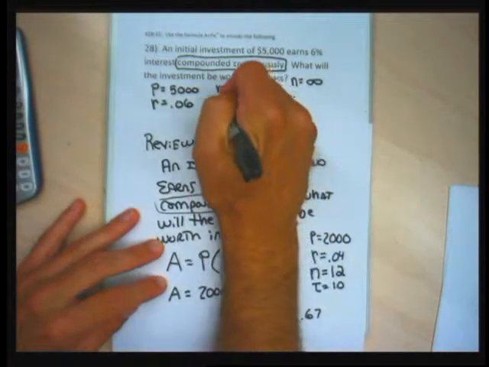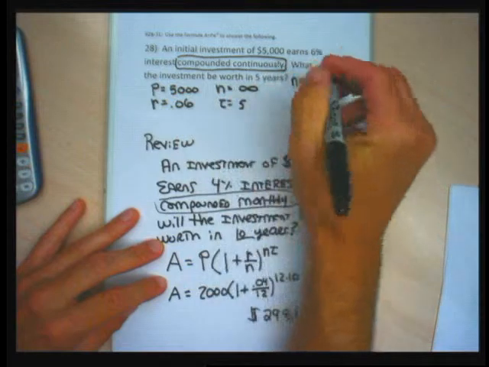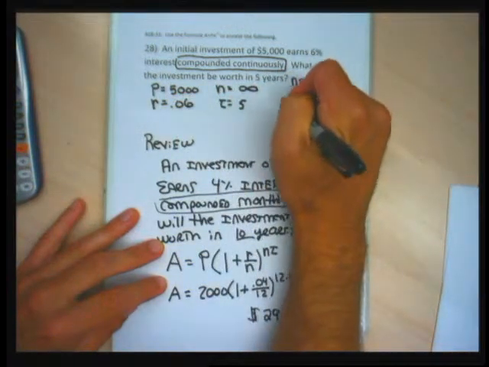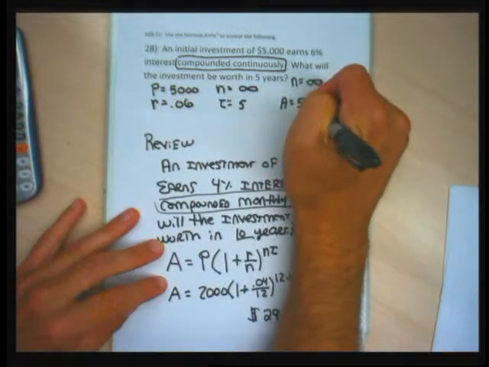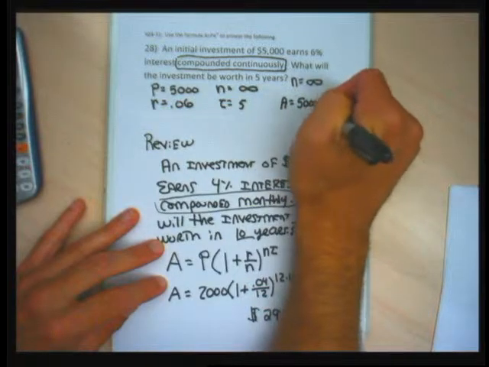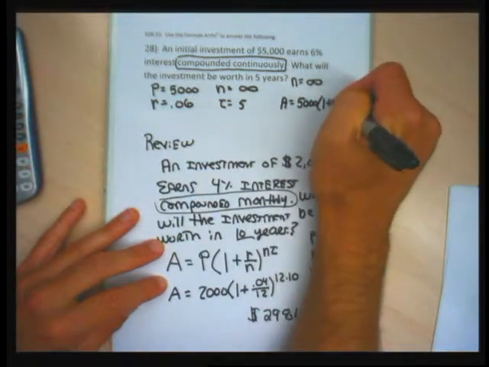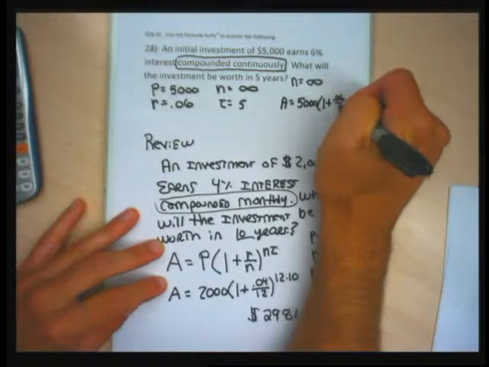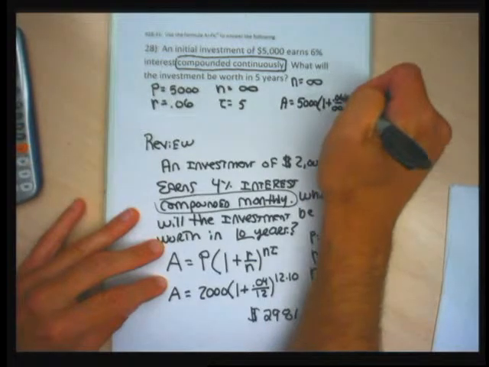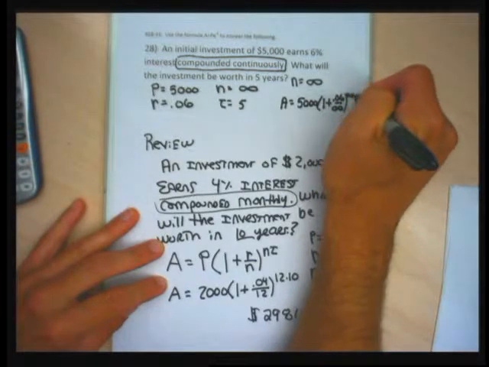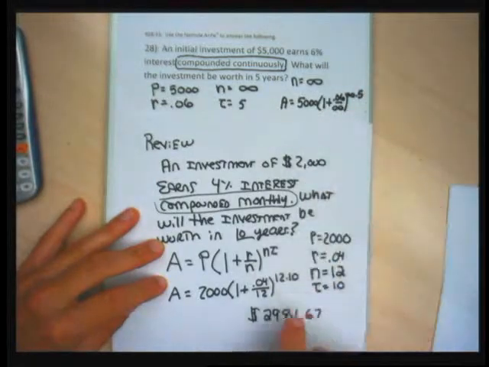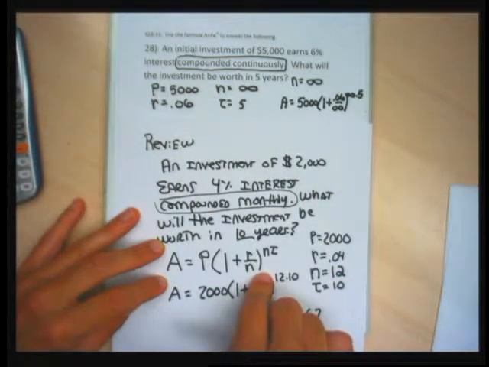And T is the number of years. So I would try to go, the amount of money I'm going to have in the future is 5,000 times 1 plus 0.06 over infinity to the infinity times 5 power. That would be just plugging the numbers into the formula perfectly.